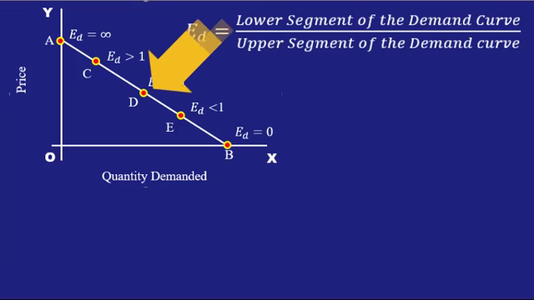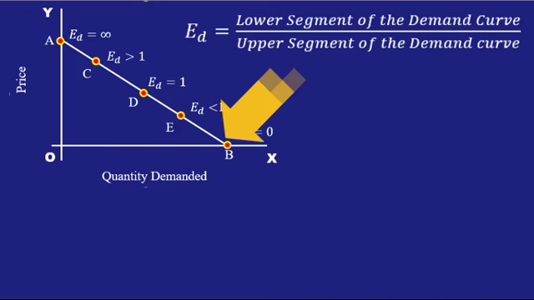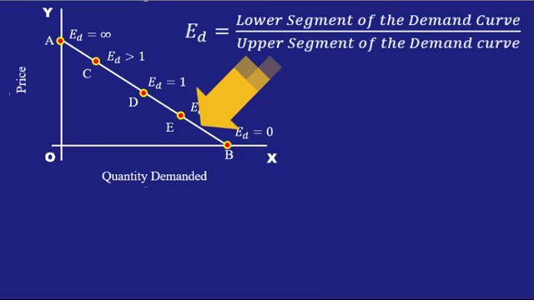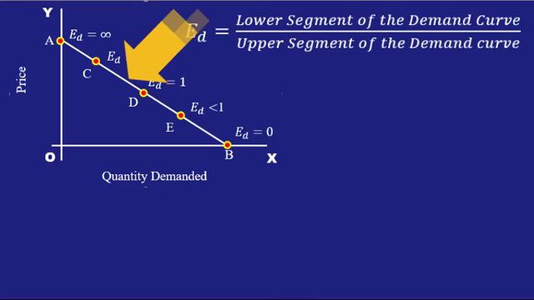Take point D. It lies exactly at the middle of the demand curve. DB lies to the right of the point D. It is the lower segment of the demand curve. DA lies to the left of the given point D. It is the upper segment of the demand curve.